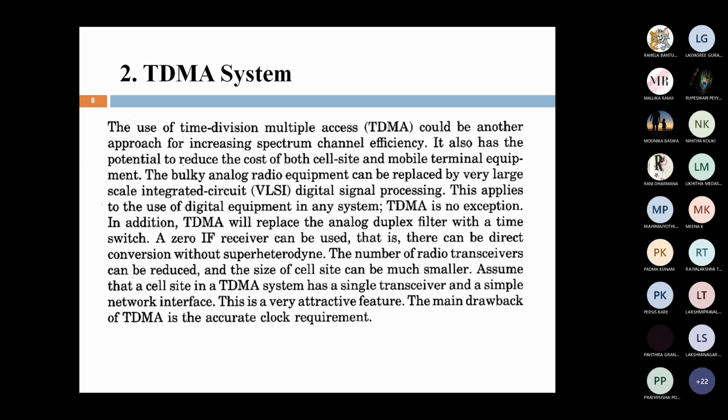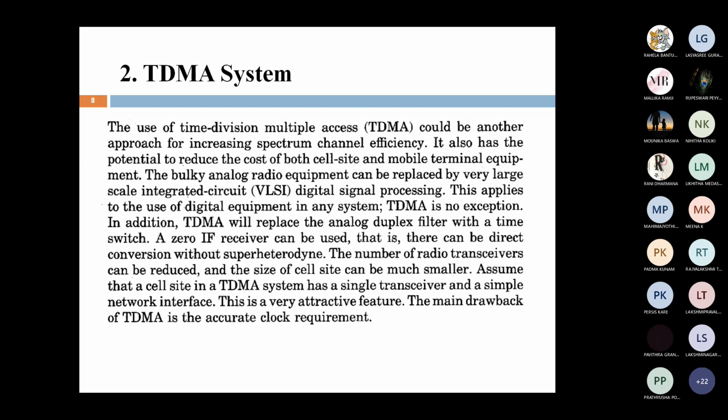That is, the single channel is used for both forward and reverse, then automatically the efficiency can be increased. Whenever a single channel is used for both forward and reverse, automatically the cost of the system installation should be decreased, because instead of an analog system, we are applying very large scale integrated circuits or digital signal processing in a TDMA system.